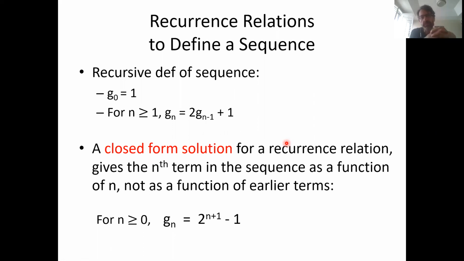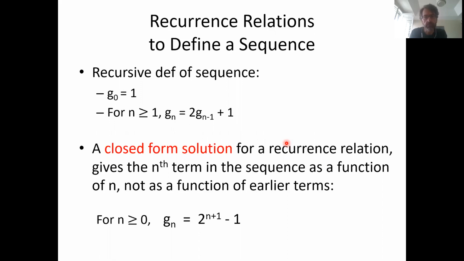We know that recurrence relations define a sequence, right? So we have dealt for now 2 weeks at least with all sorts of recursive behavior: recursive algorithms, recursive definitions, recursive definitions of sequences in particular.